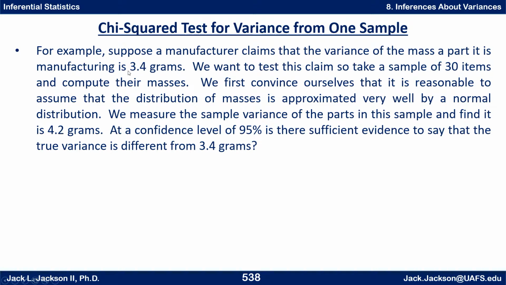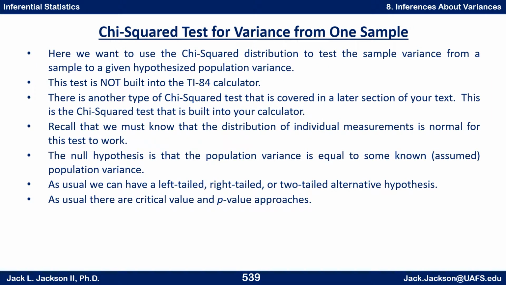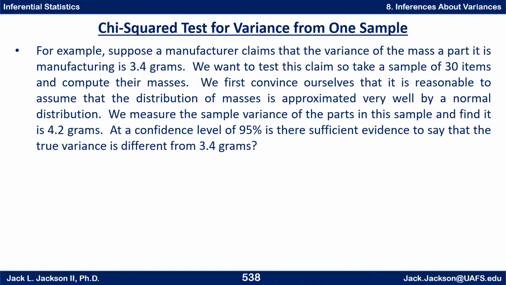At least we hypothesize that sigma, and this down here at 4.2 is the S. As usual, we can have a left-tailed, right-tailed, or two-tailed alternative hypothesis. As usual, there are critical value and p-value approaches. So this is all just variations on a theme of what we've done earlier.